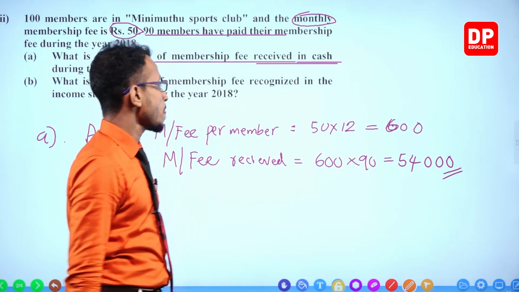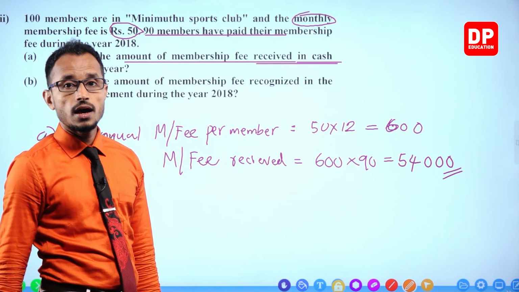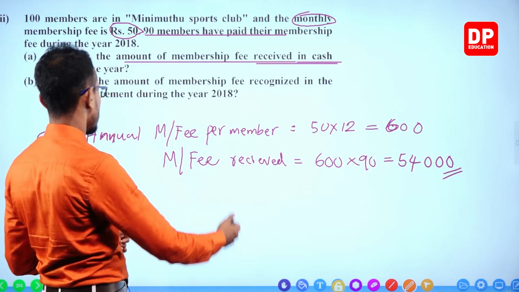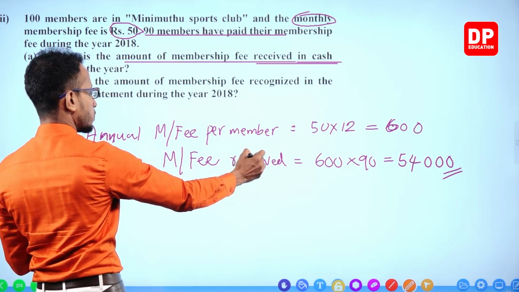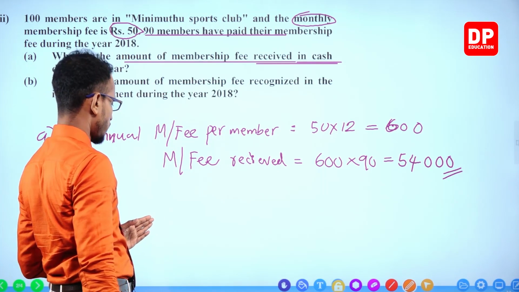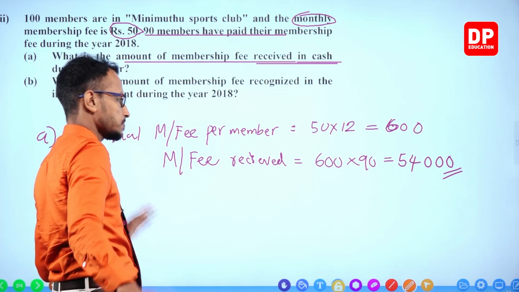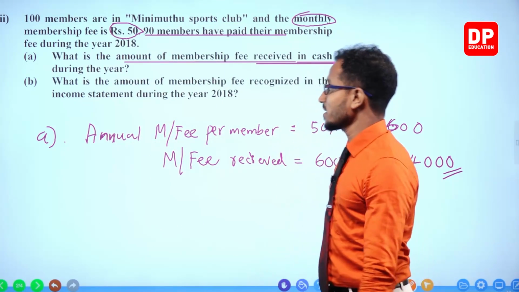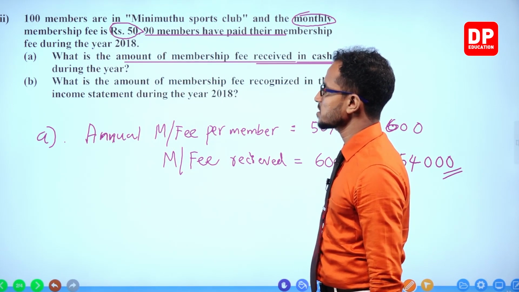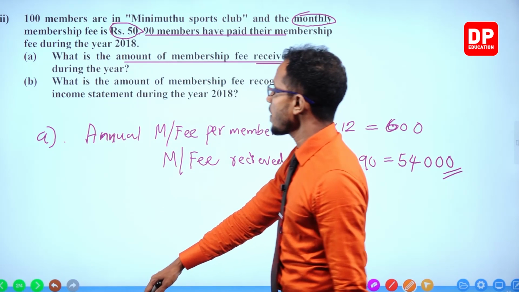That is the membership fee received. Yeah, received 54,000. That's it. Correct. Now we are going to the next question, part B.